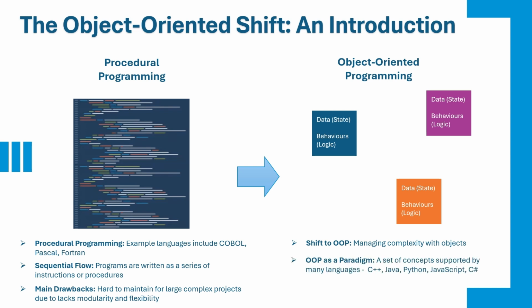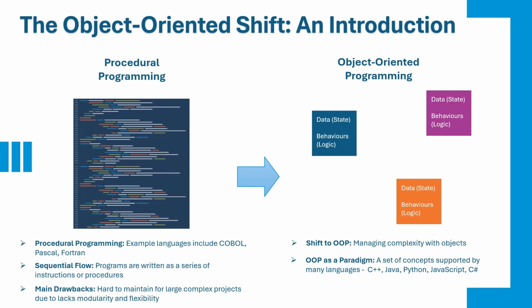Object orientation is a programming paradigm, a set of concepts that is supported by many languages. While there are alternatives to object-oriented programming, such as procedural languages like C, logic programming languages like Prolog, or functional languages like Haskell or F#, these are often specialized.